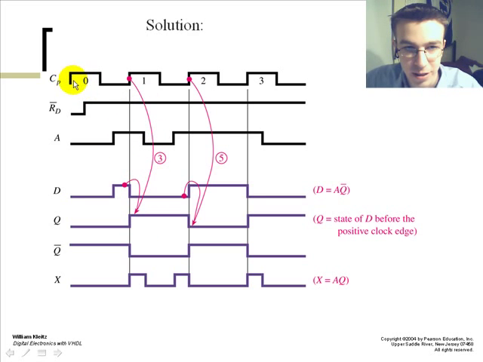You have clock pulse times 0, reset just sets, and the input is A, and you have your Q as your output, and your X equals A times Q to get your resultant waveform.